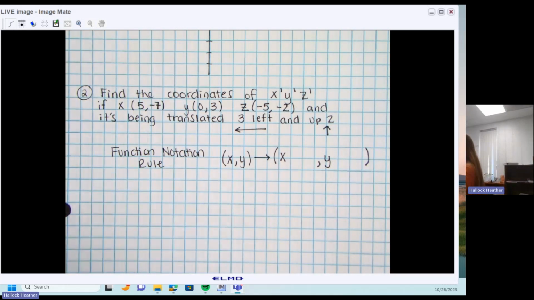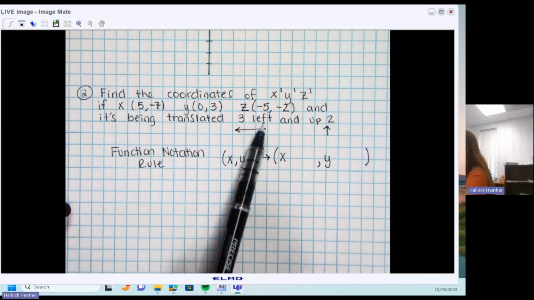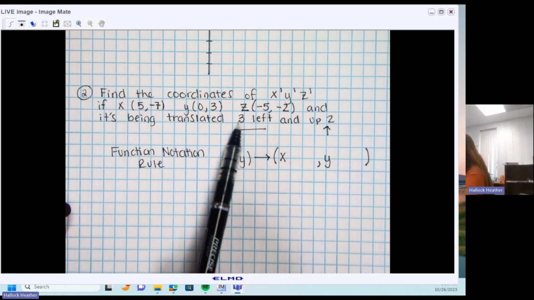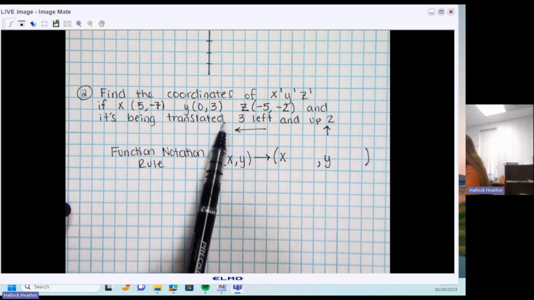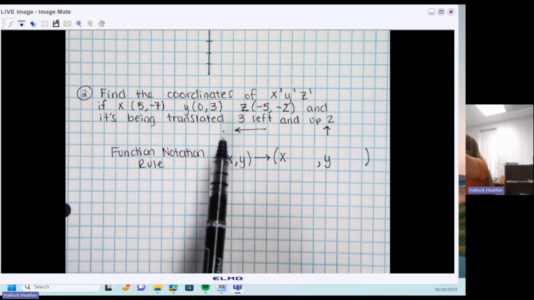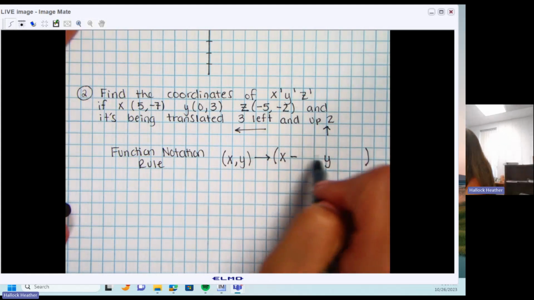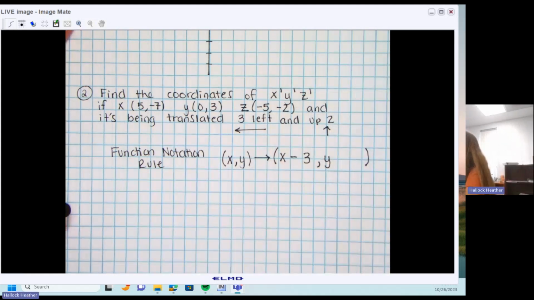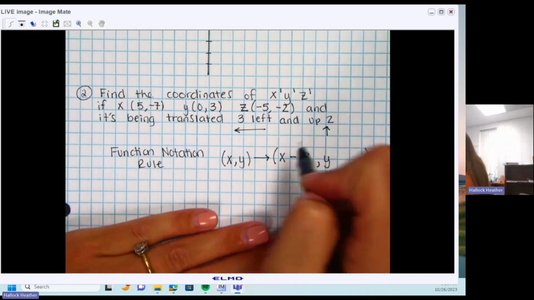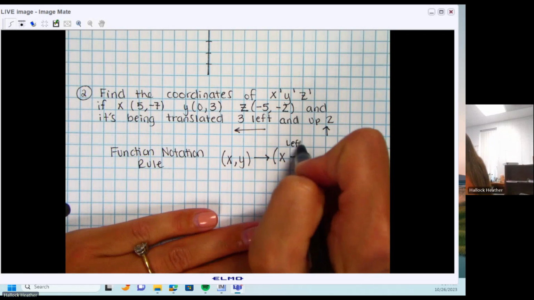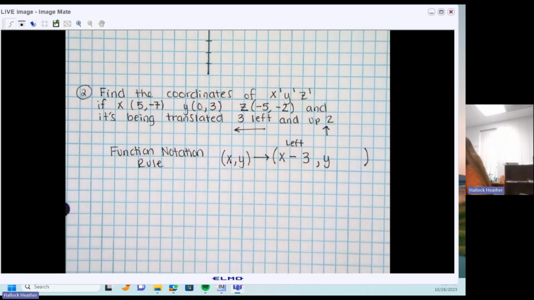If you think about this visually, if you're going 3 to the left, do you think you should be adding 3 or subtracting 3 if you're going to the left? Subtracting, because to the left, think about it on the graph, it's like your negative numbers. So we're going to say -3 because your X value is your side to side. We're going left 3, that's why it's a minus. If it said right, we would add.